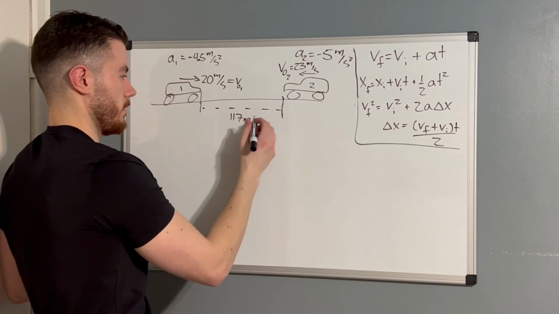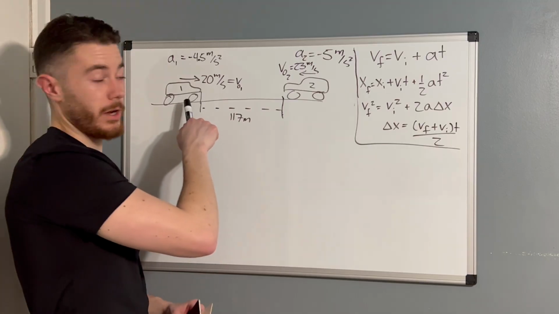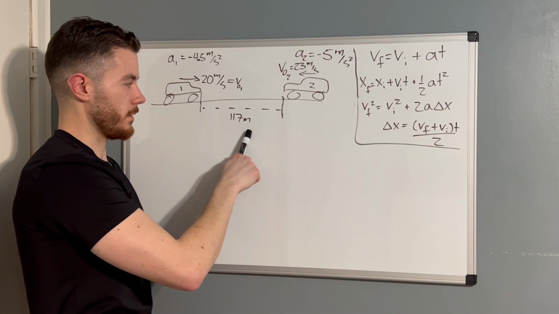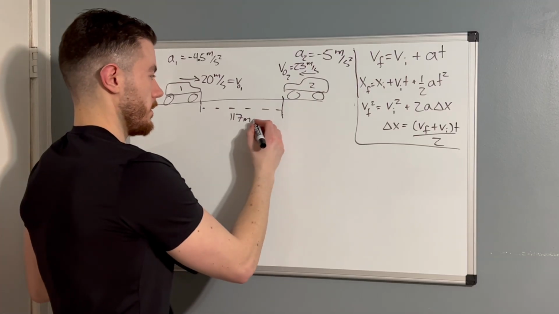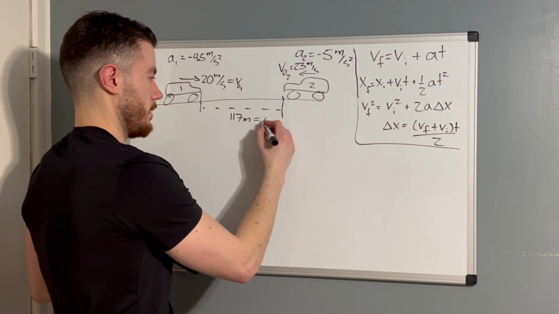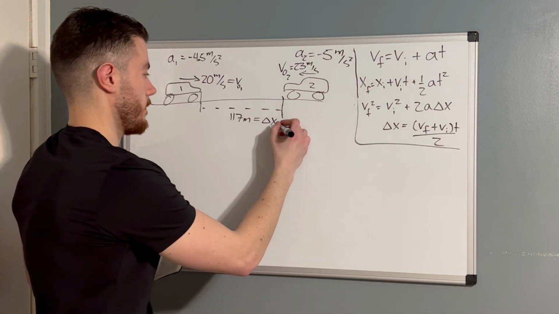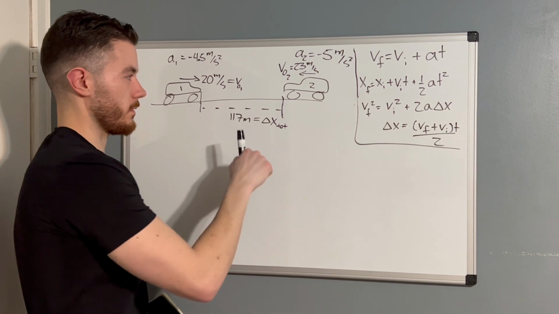At the moment that the distracted driver applies the brakes, the distance between the fronts of the cars is 117 meters. Let's call this delta x total.